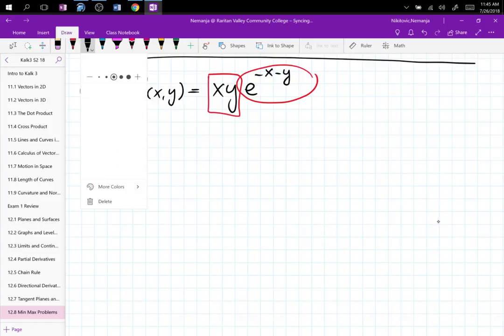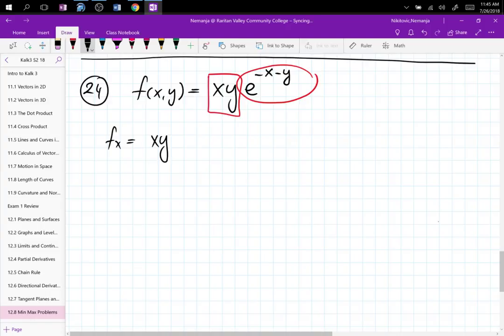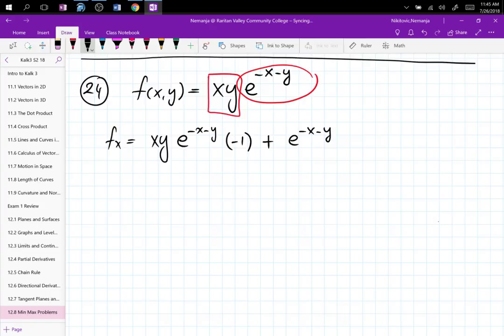So copy the first, which is xy, times the derivative of the second. Well, the derivative of e would be itself times the derivative of the exponent, which is -1, plus copy the second, which is e to the negative xy, and then times the derivative of the first.